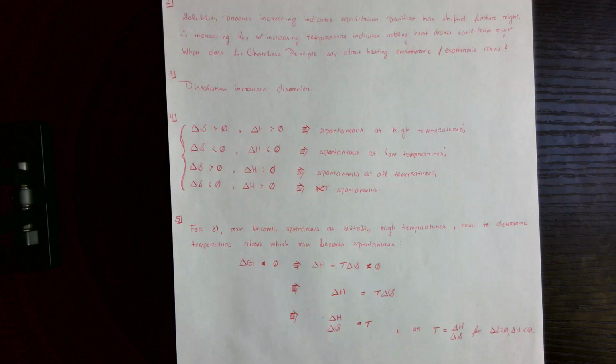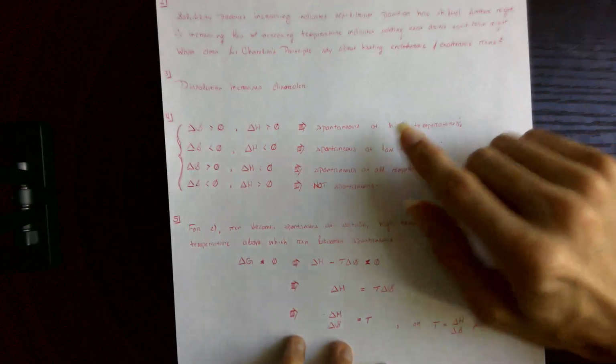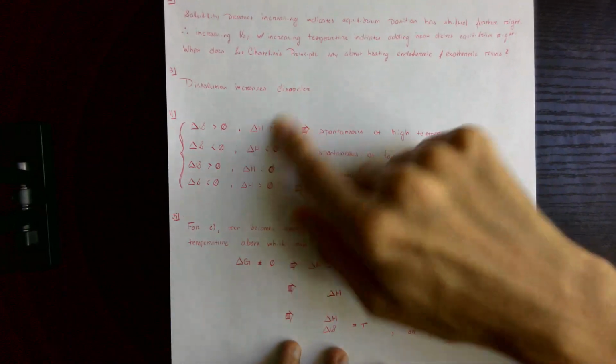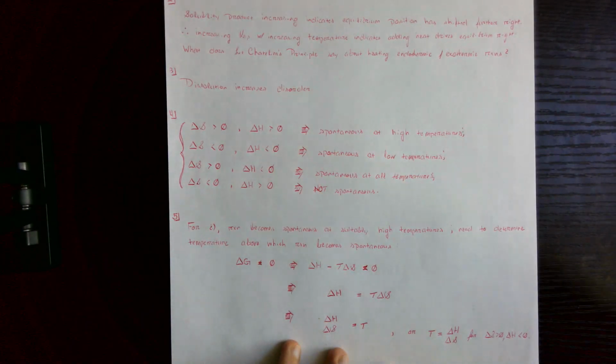In other words, is there some range of temperatures where the reaction could be spontaneous? It may not be spontaneous at 298, but might it be spontaneous above or below some other temperature? In general, there are 4 cases, and you can find a chart online that illustrates this a little better.